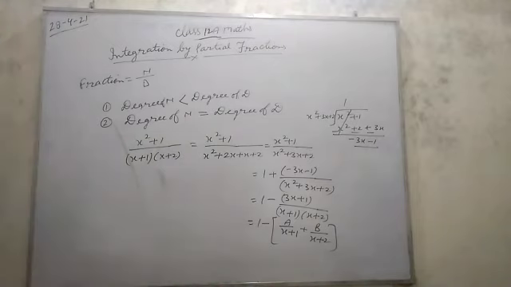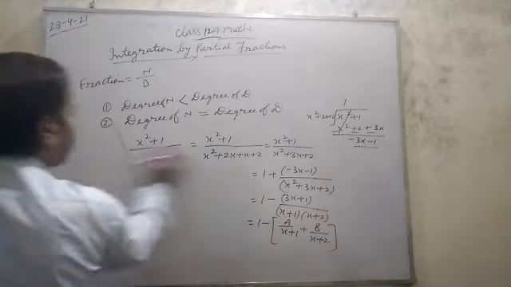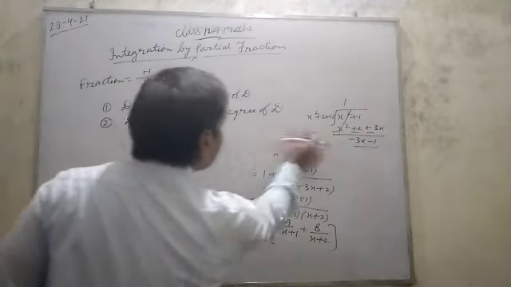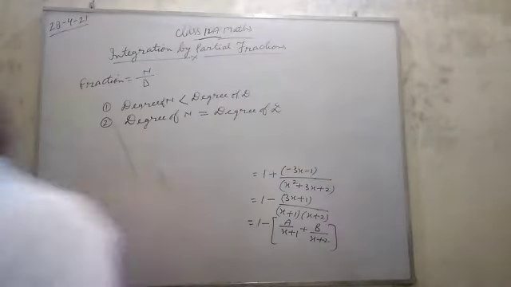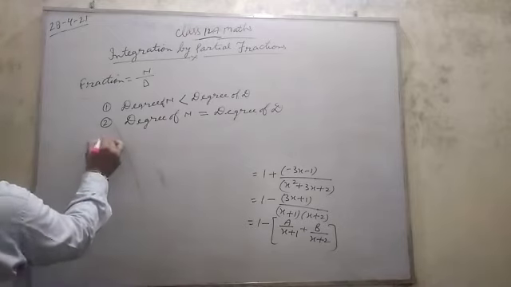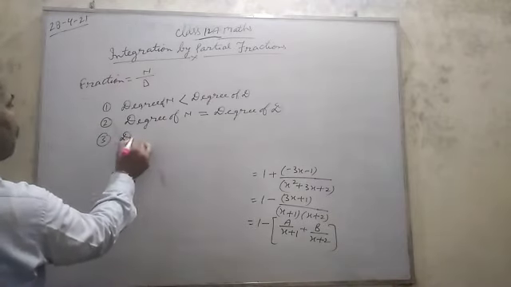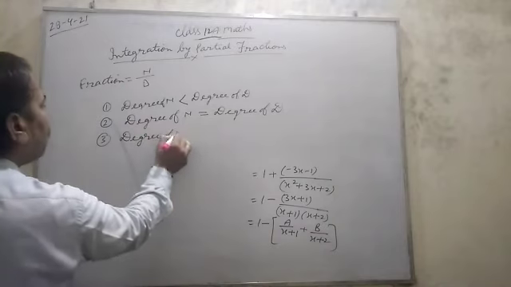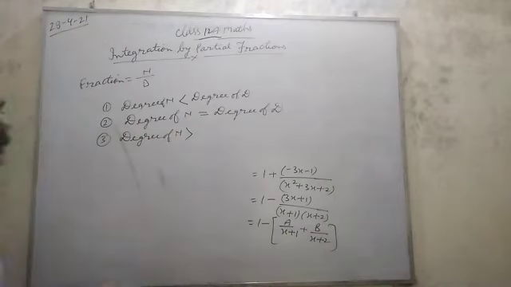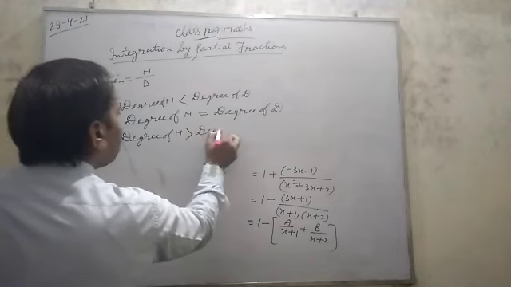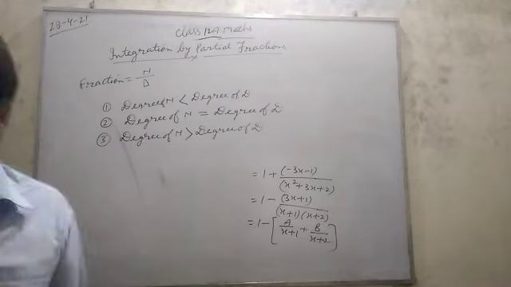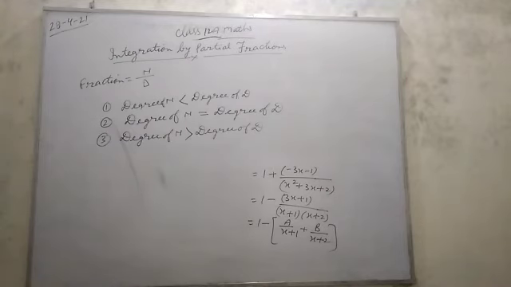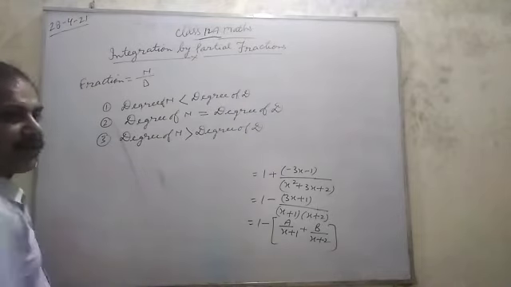Then the third one: the degree of the numerator is greater than the degree of the denominator. Means if the degree of the numerator is greater than the degree of the denominator, then how to find it? In that also it is the same as the second one.